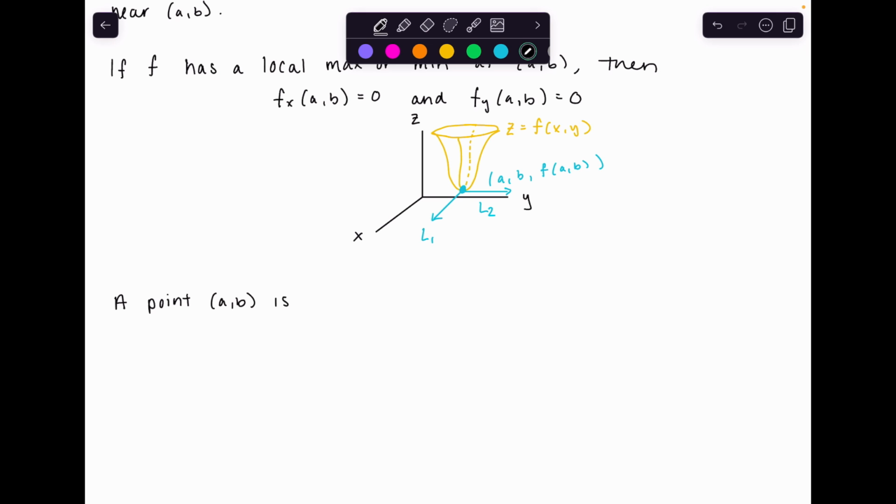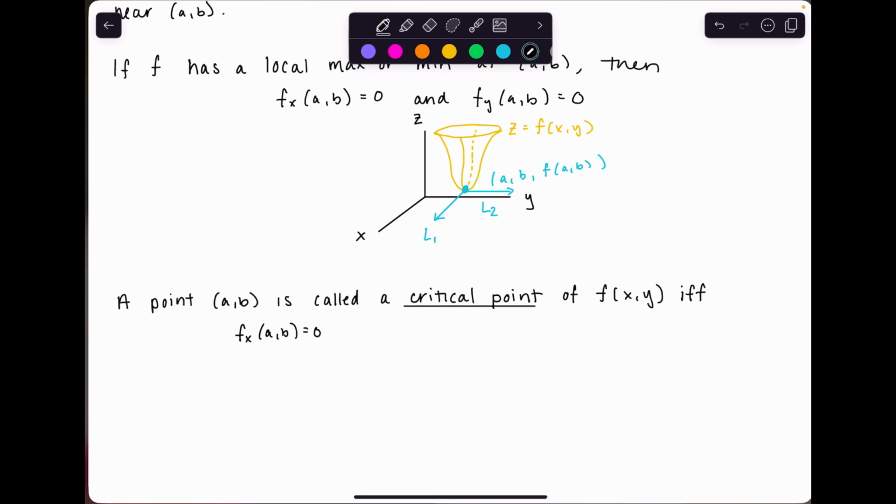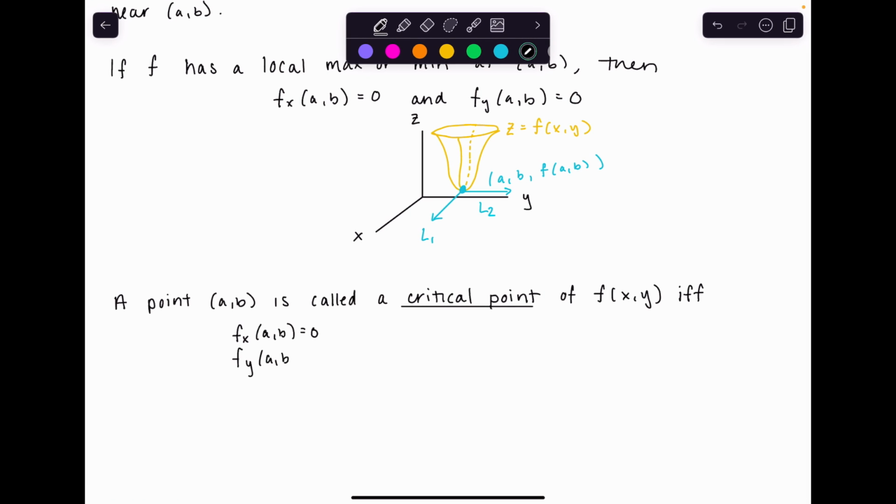is called a critical point of f if and only if the partial derivatives evaluated at (a, b) equal 0, both of these simultaneously, or the partial derivatives at these two do not exist.